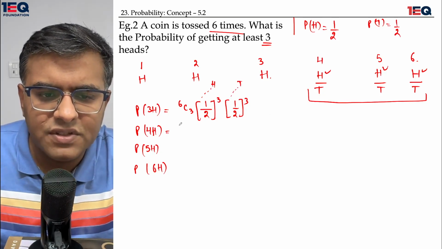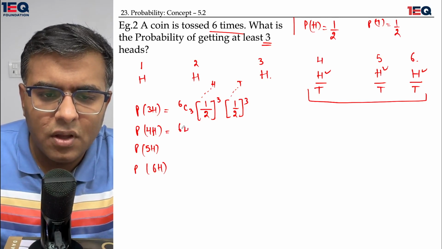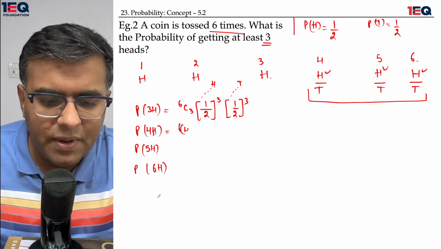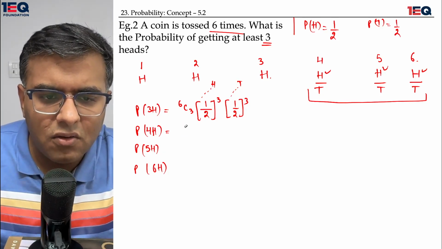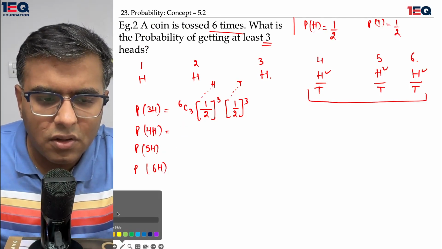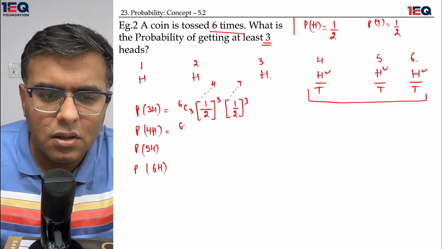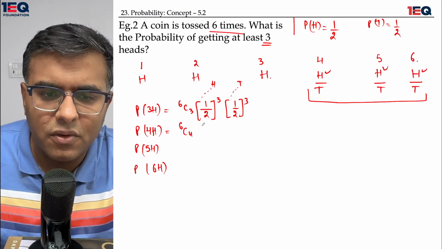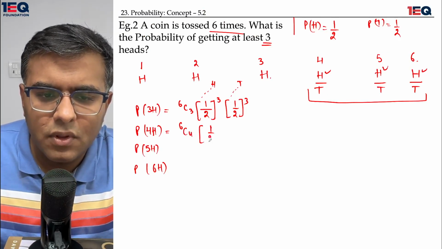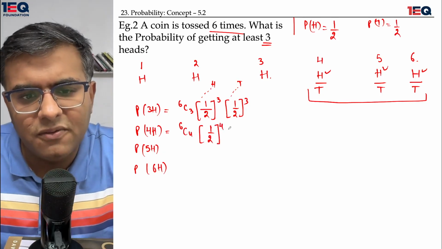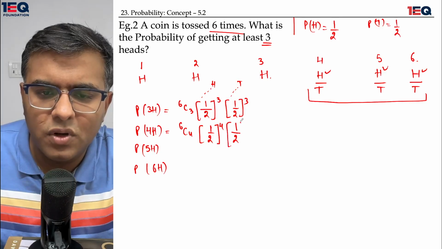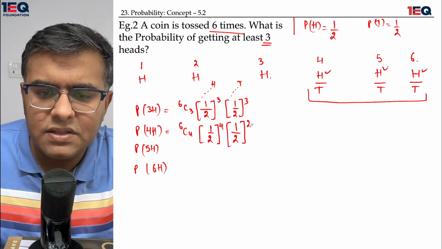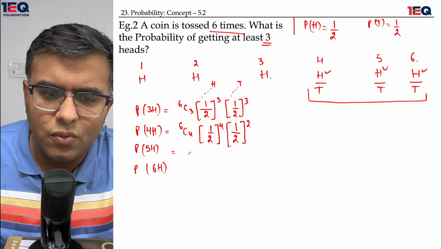Similarly, when 4 situations are cut up, the option comes up as 6C4. Again, it is half raised to the power 4, meaning the probability of 4 heads coming. And in the remaining two tail points, that is going to be 1 by 2 raised to the power 2.